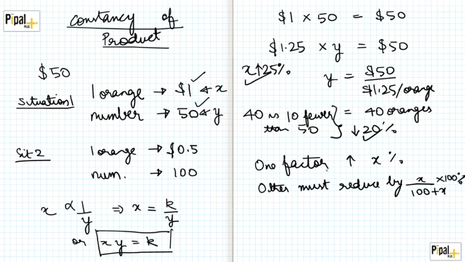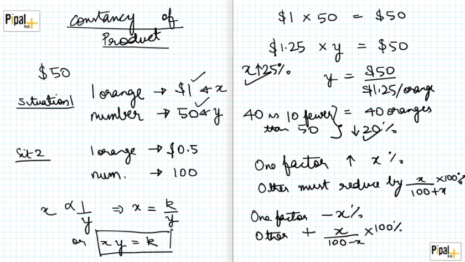This is the percentage fall in the other variable. And vice versa, if one factor reduces by x percent, then the other must increase by x upon 100 minus x into 100%.